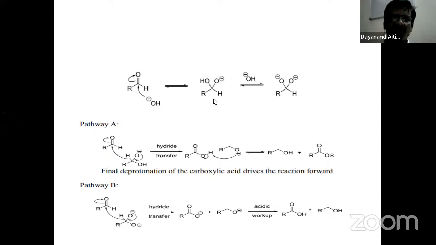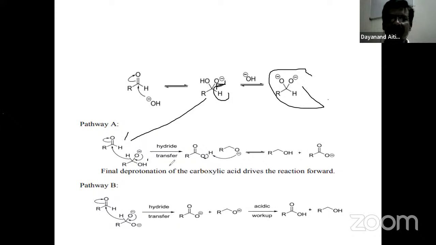When this is shifted, this hydrogen that is present is also shifted from this molecule to another molecule. This is called hydride transfer.